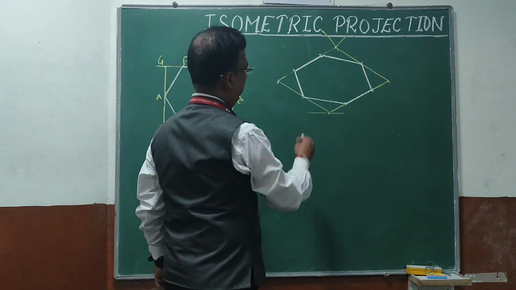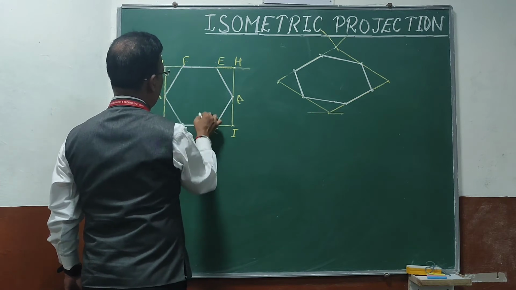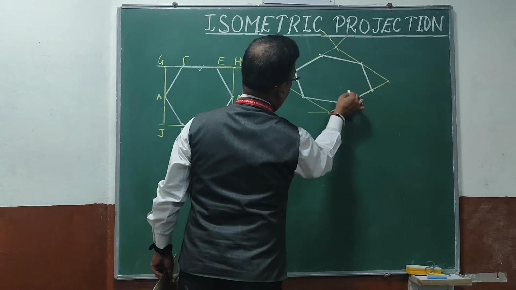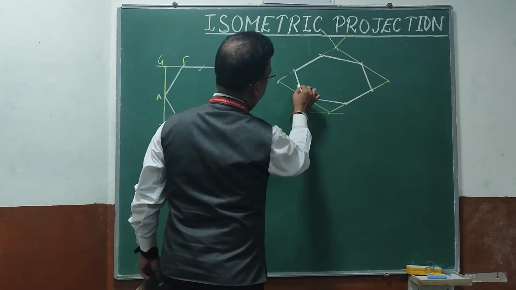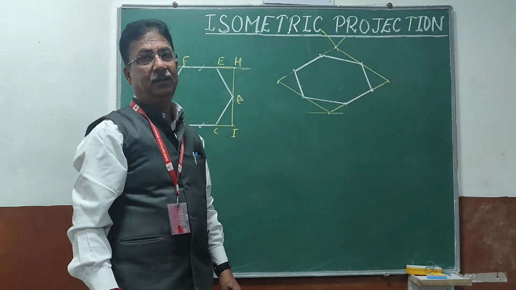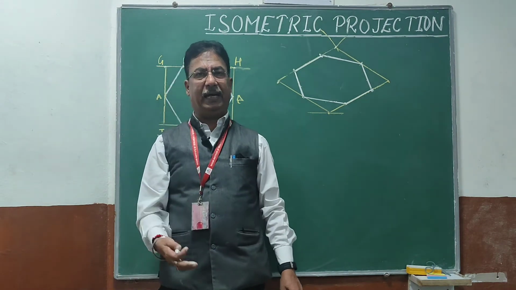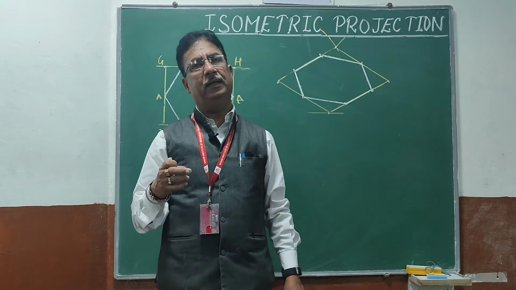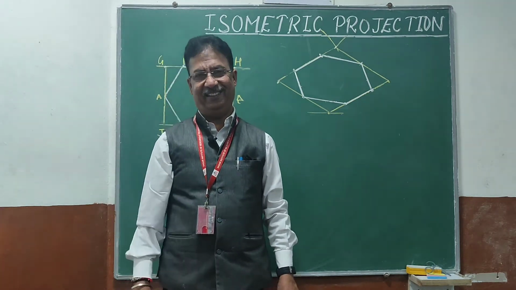Now look at this figure. In this figure, these two lines are isometric lines, so these two retain their length. But these four lines are non-isometric lines. In this figure, two are shortened and two are enlarged. So this is a very interesting figure of a hexagon in which we have 6 sides. In isometric projection, two lengths retain their true length, two are reducing and two are enlarging.